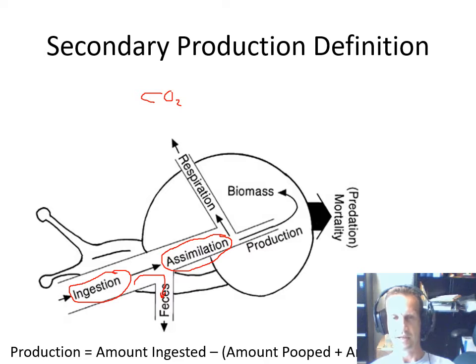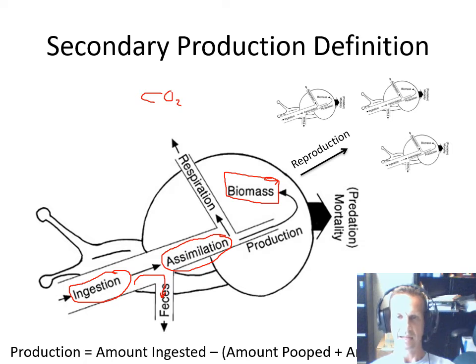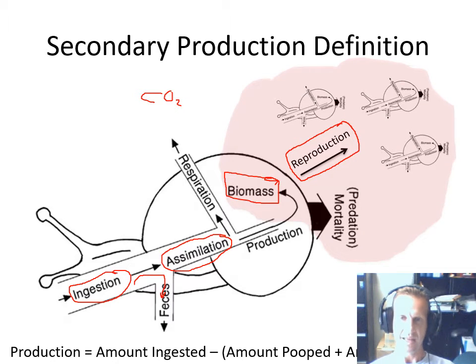And the remainder of what's assimilated and not respired is what can accumulate as biomass in that organism and lead to its growth, or can lead to its reproduction. So the making of new snails. And so both the increase in biomass and the reproduction of the organism can be considered part of that organism's secondary production.